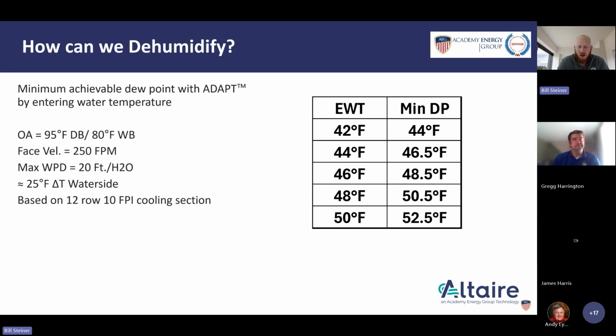So something to keep in mind when you're thinking about using chilled water for the sake of dehumidification, and maybe you have a more stringent dew point than the typical 55 degrees leaving, you can get down to a much lower dew point than that, depending upon what chilled water temperature you're able to provide.